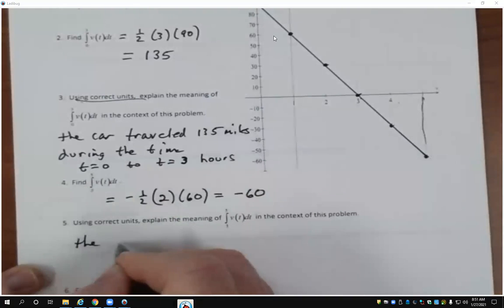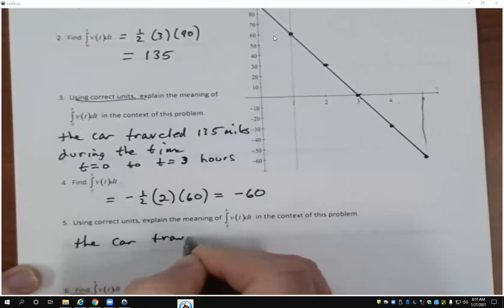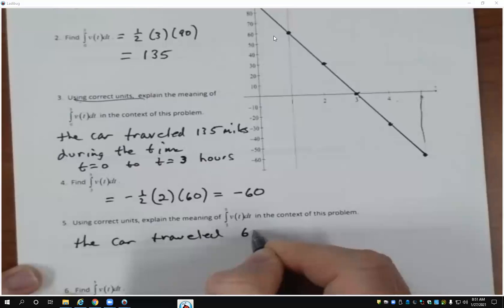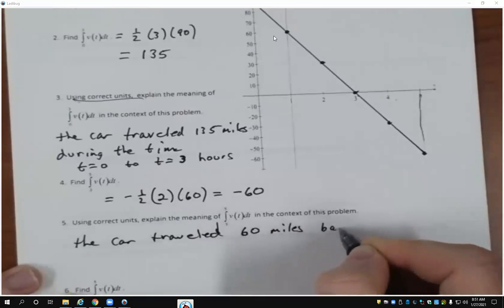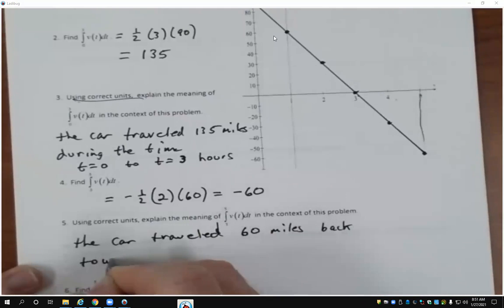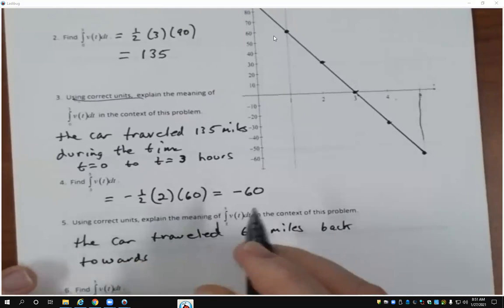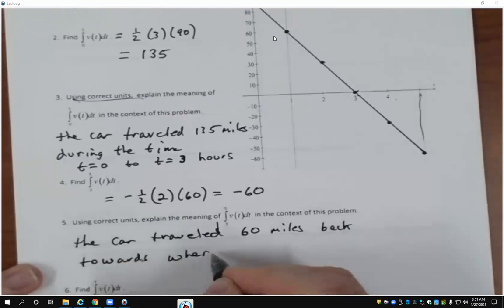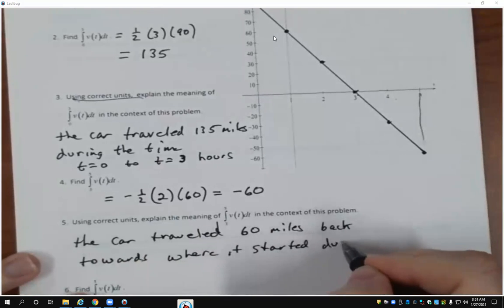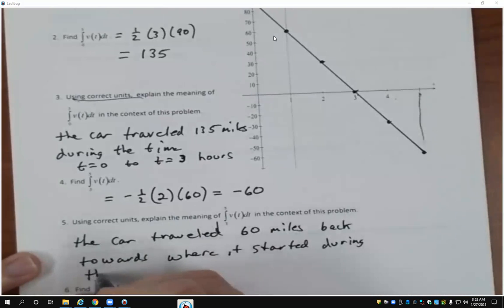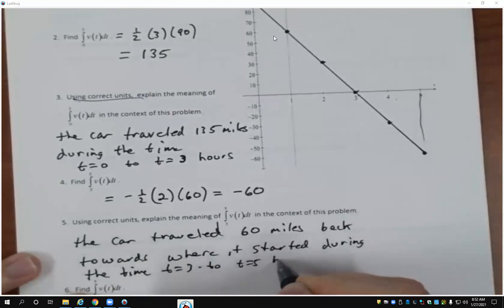So the car traveled 60 miles back towards where it came from or where it started during the time t equals 3 to t equals 5 hours.